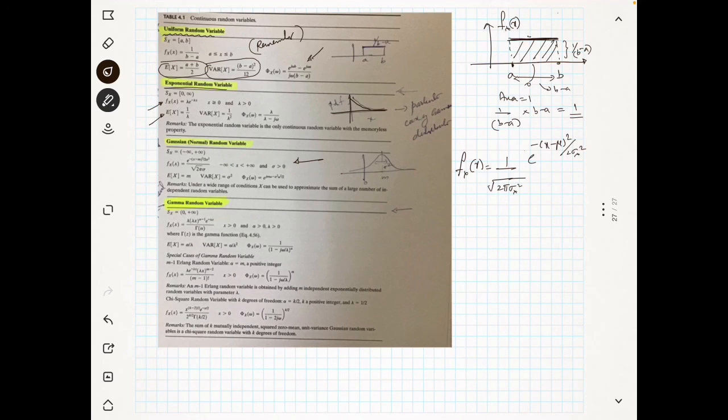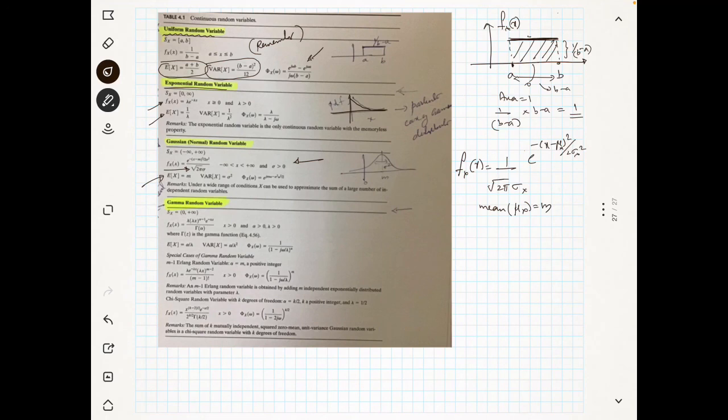If you remove this square, then you have to remove the root from the sigma, and write the sigma outside the root, sigma x, like this. So that's what is written here. And this is the mean. Here the mean is m. We have used mu x, so the mean is also represented by m. So mean mu x is also represented as m, and sigma x square is also represented as sigma square.